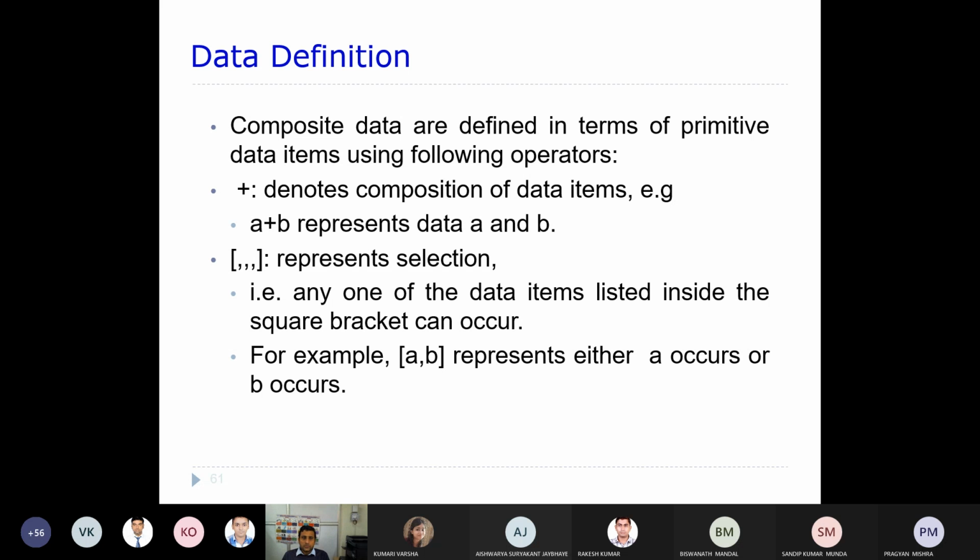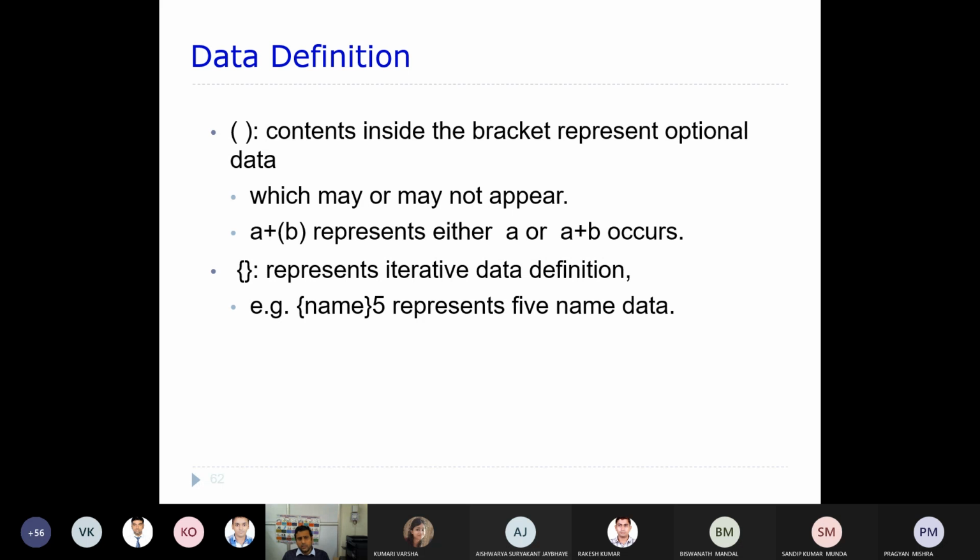Now, if you write some contents inside this bracket, that actually represents optional data. So maybe you have a data item like this: A plus B, and B is within the bracket.